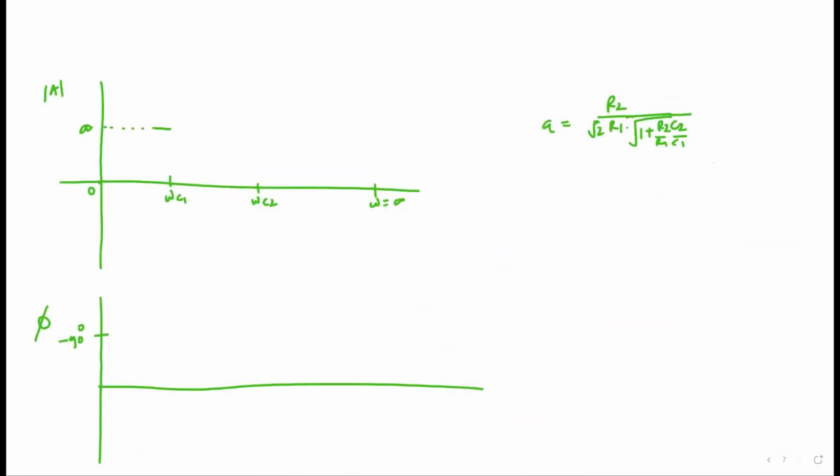So let's draw that. It is going like this. So it is minus 180 if R2 over R1 equal to C2 over C1 is equal to 1 right here. Okay, so we have this magnitude right here.